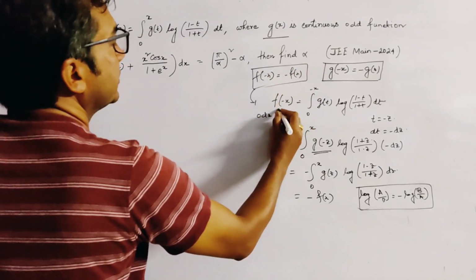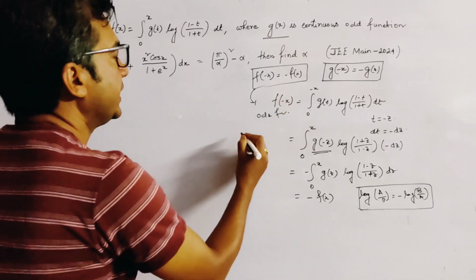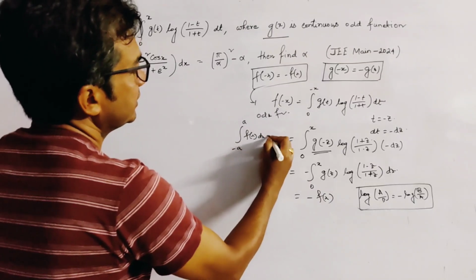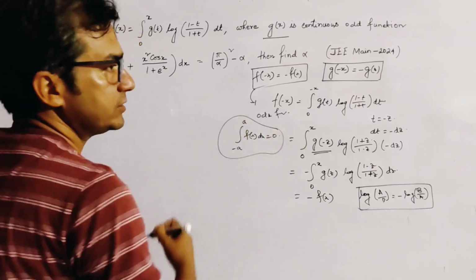So we get f of minus x equal to minus f of x, that is, f(x) is an odd function, and we know that integration minus a to a of f(x) dx equals 0 for an odd function.